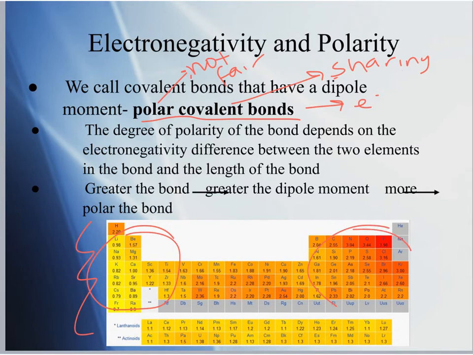And remember, hydrogen is a non-metal too, so that's why it is a 2 point something rather than a 1 point something. The further you are to the right, the stronger the electronegativity. So the greater the difference means the greater the dipole moment, which is more polar.